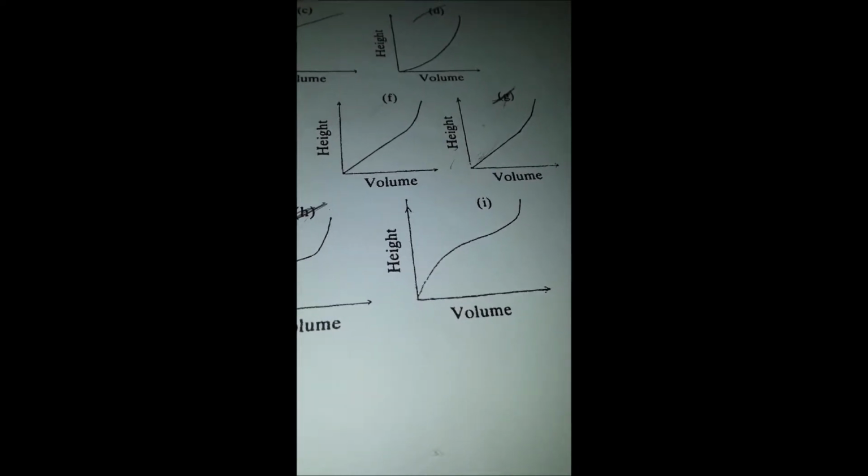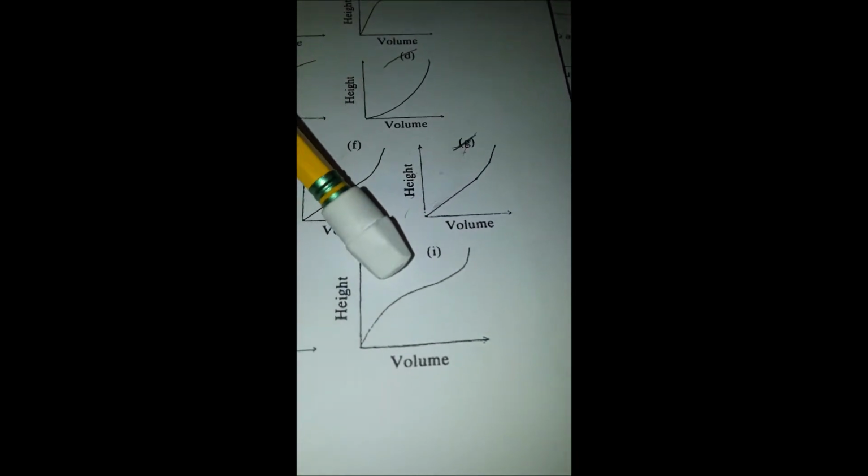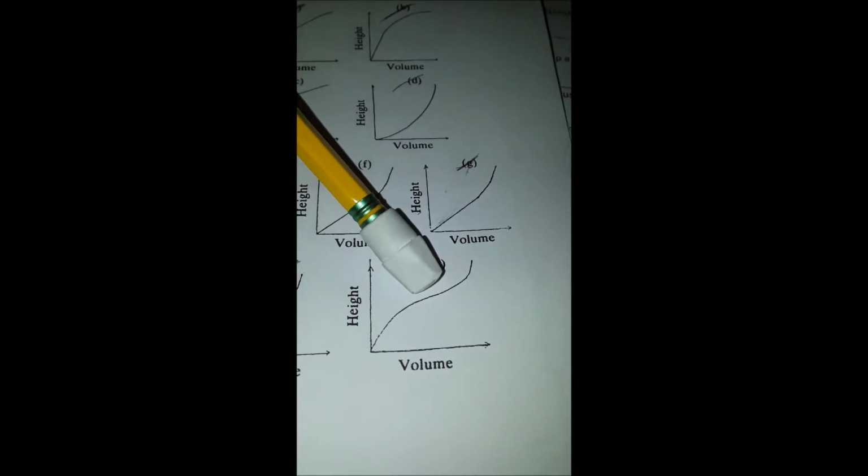Because when you fill it up at the bottom, it's narrow compared to the midsection of the flask right here. So this is more narrow than it is here. So that's why you would see an increase in height and a decrease in volume. But as soon as you start going up and up, when you start filling it, you would start seeing a decrease in height and an increase in volume.